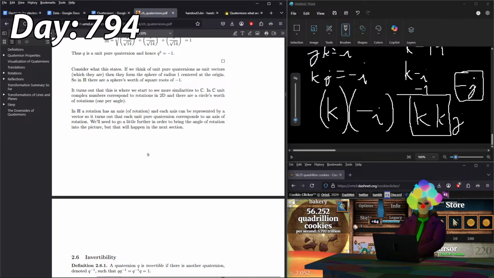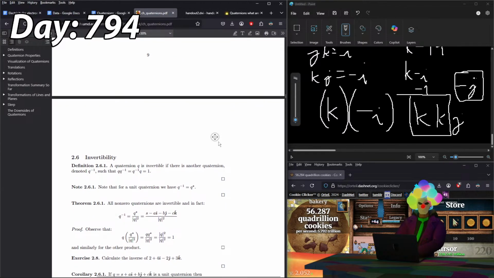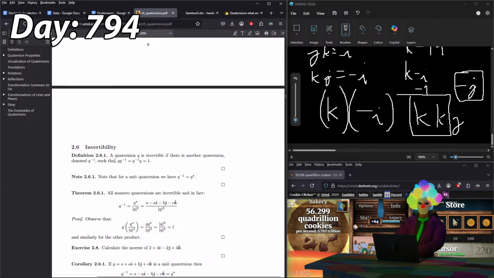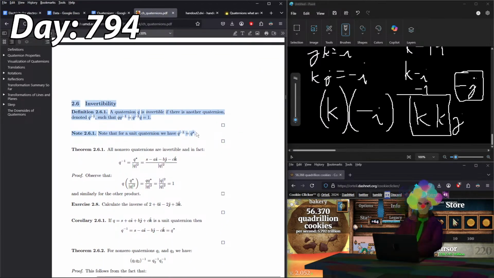We're in pretty deep. A quaternion Q is invertible if there is another quaternion, known as Q minus 1, such that Q minus 1 Q is equal to Q Q minus 1 is equal to 1. Oh, that's curious. Commutative, that's nice. Note that for a unit quaternion, Q inverse is equal to this. That makes sense.